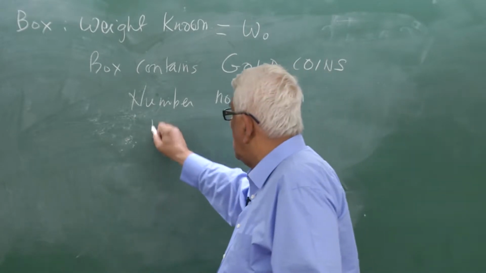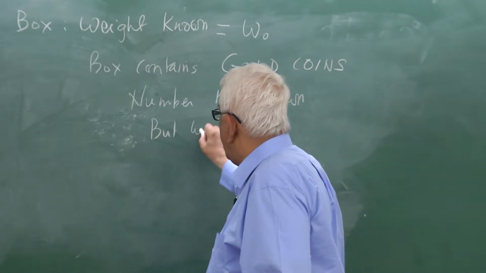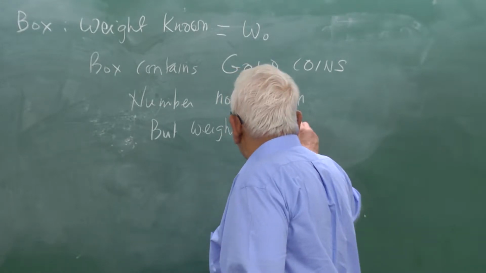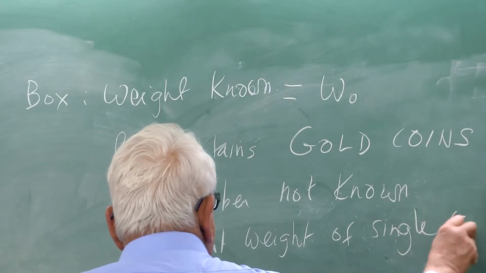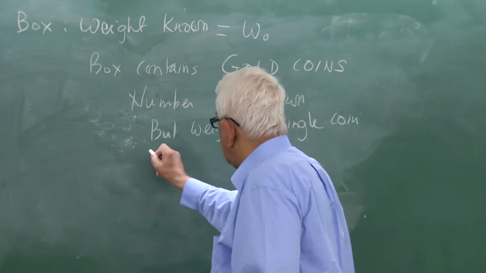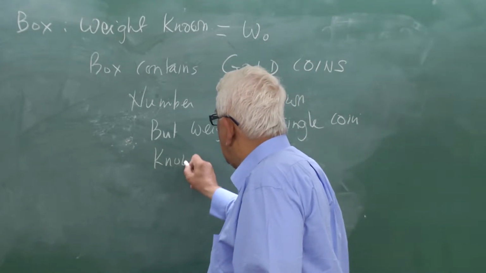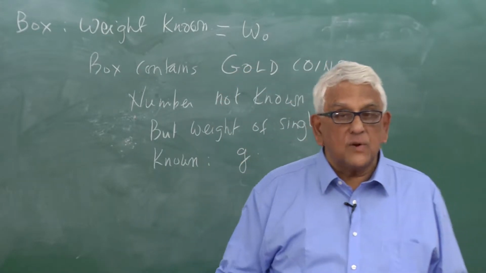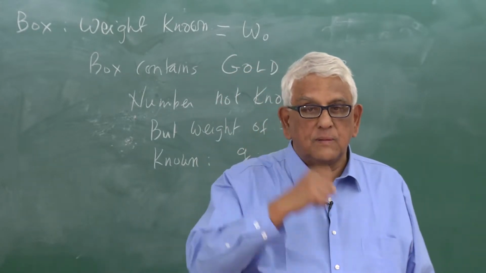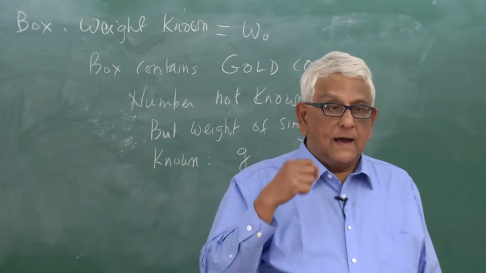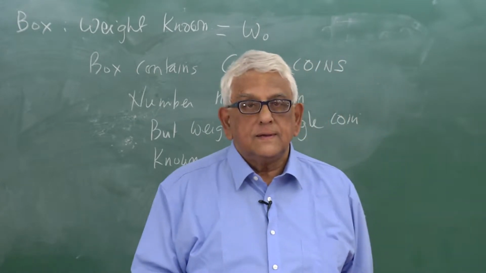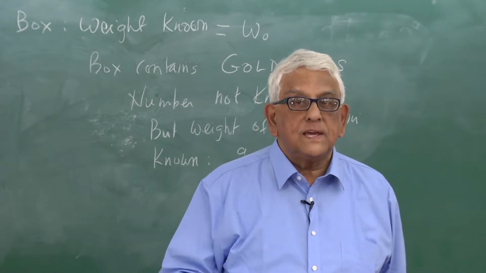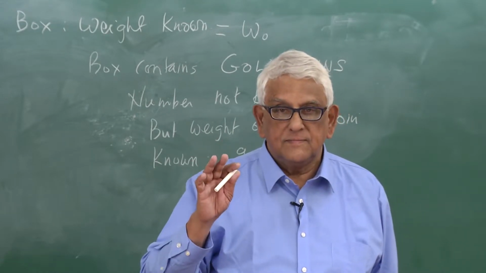But the weight of a single coin is known. I again use a symbol, right? So I've used two symbols. The advantage of using a symbol is that it allows me to deal with an infinite number of possibilities.